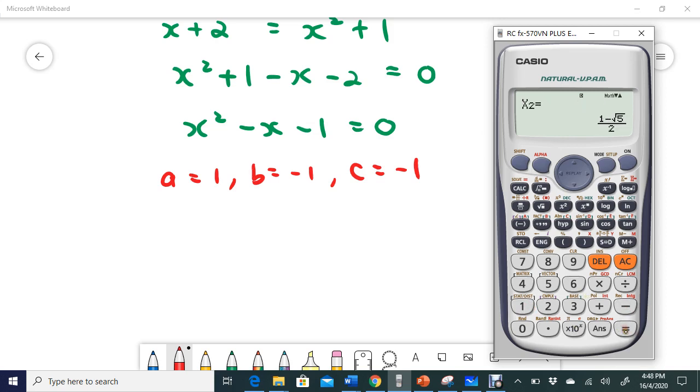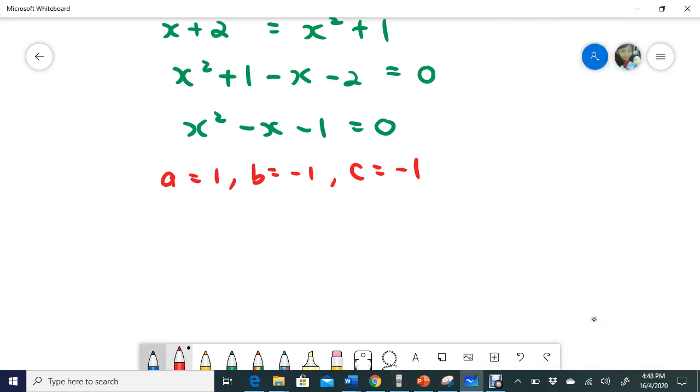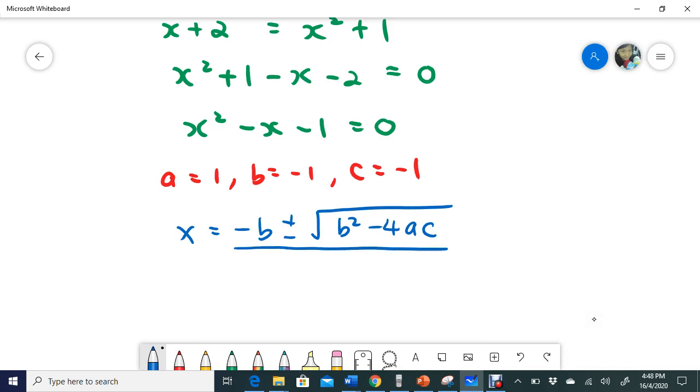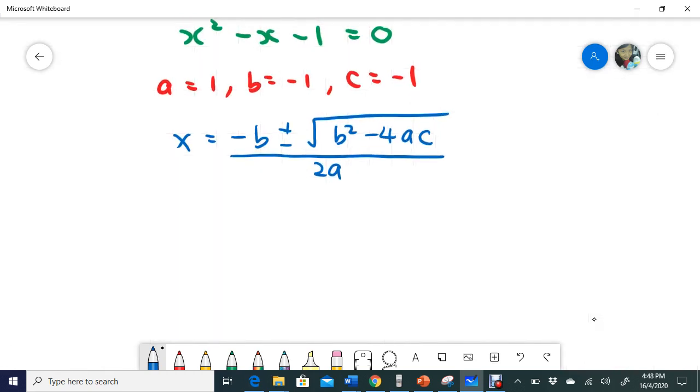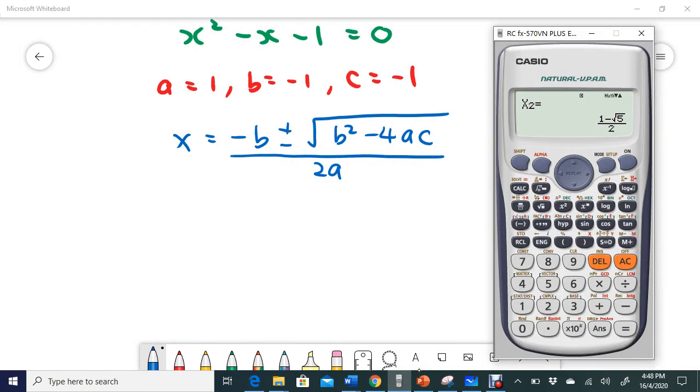Obviously you don't have a whole number here, right? You don't have a whole number, so what do you need to do then? Meaning to say that you need to use your quadratic formula, negative b plus or minus the square root of b squared minus 4ac, divided by 2a. Just use your quadratic formula, and at the bottom of it, you write down the answer that you obtained from the calculator just now.